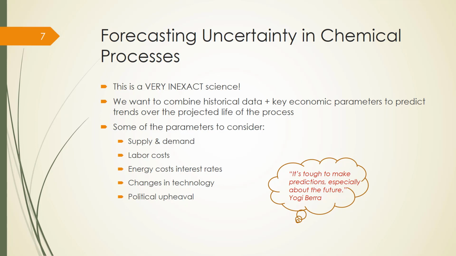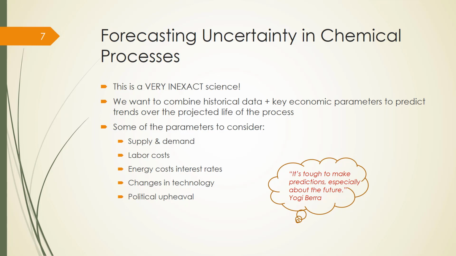So this is necessarily inexact. We're going to be doing it by combining the historical data that we do know and looking at some key economic parameters that might predict trends for the projected life of the process. Now, these are going to be beyond the scope of this course, but the things that you might want to consider is, does it look like the supply and demand will change in the next few years?